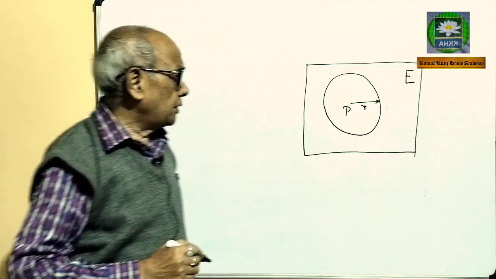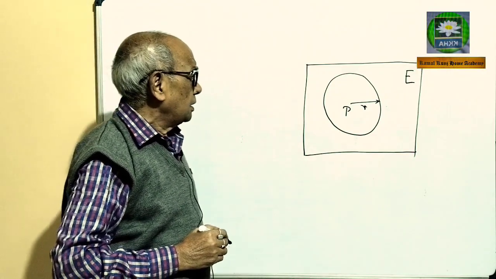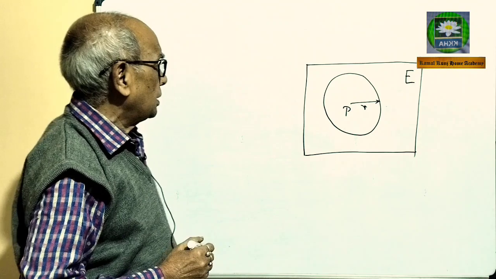Point P is called the center of the circle and r is called the radius of the circle.